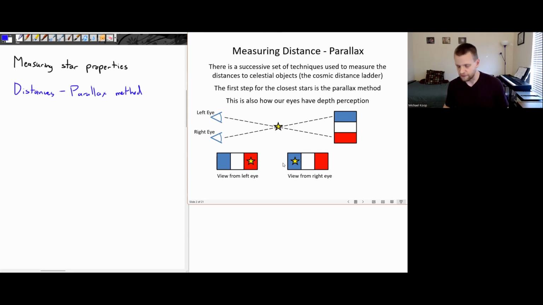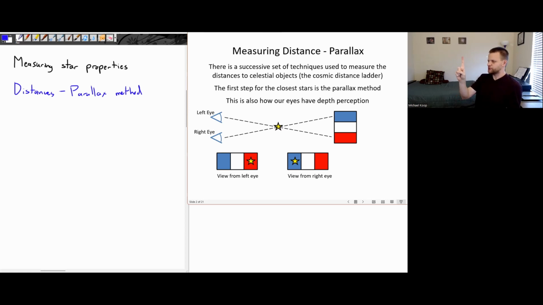You can try this yourself. So take your finger and hold your finger up in front of you, maybe about a foot away from your face. And then close one eye and look at where your finger is compared to some background objects on, say, the other side of the room. So look at the far side of the room and say, well, my finger seems to be in front of one part of the back of the room.